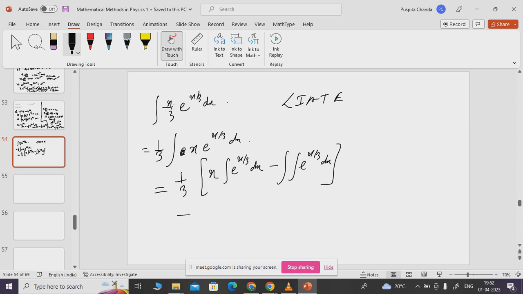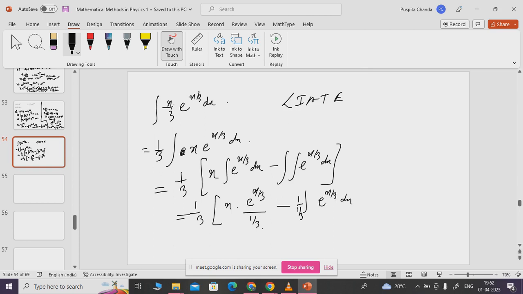Again we will follow the LIATE rule. 1 by 3 x e to the power x by 3 dx minus the integral of derivative of x, because dx by dx is equal to 1.